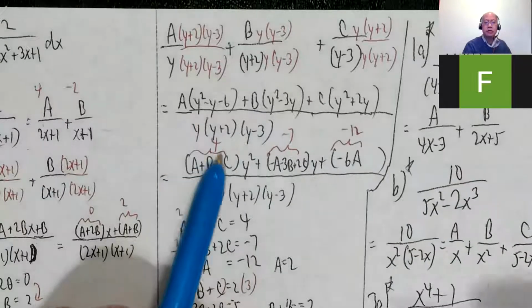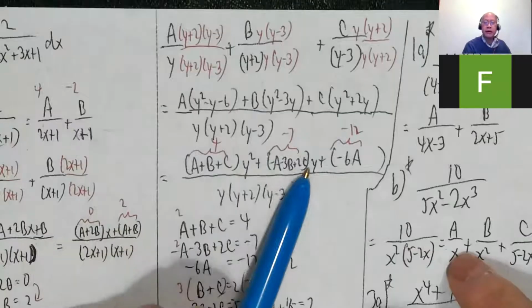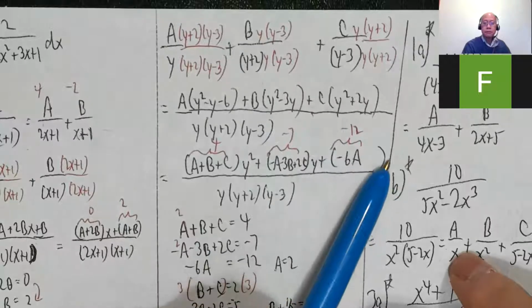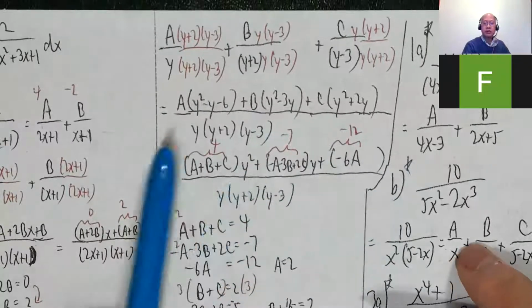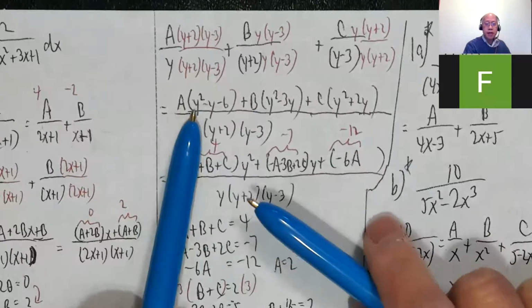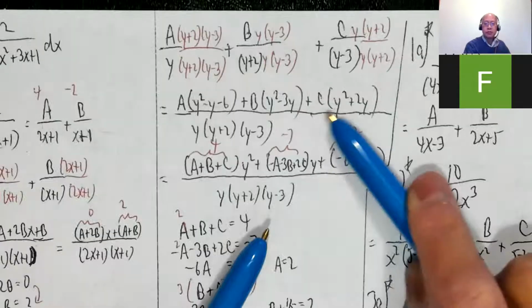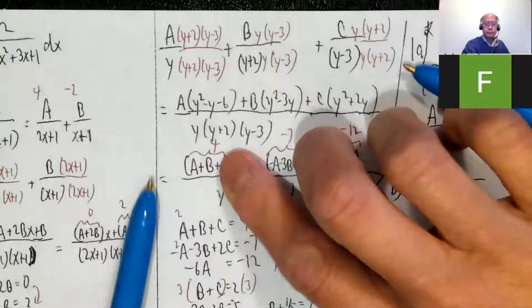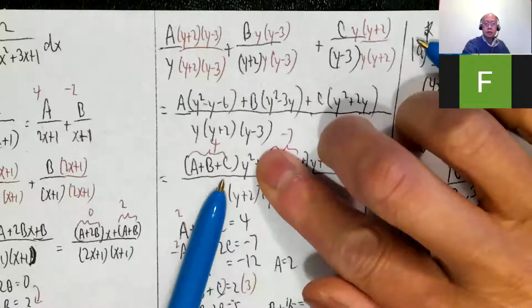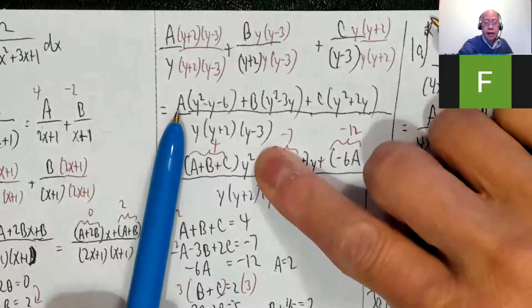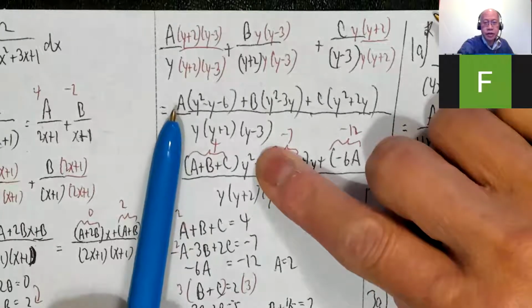I'm going to break it down into y squared, y, and constant. And by constant, I mean it doesn't have any y. Okay, so let's look at all the y squared. There's going to be ay squared, by squared, cy squared. Here it is, right? I got lazy, but frankly, I think you would get lazy too.